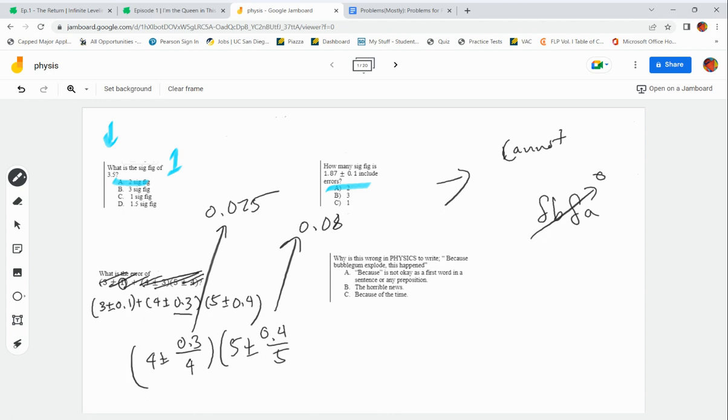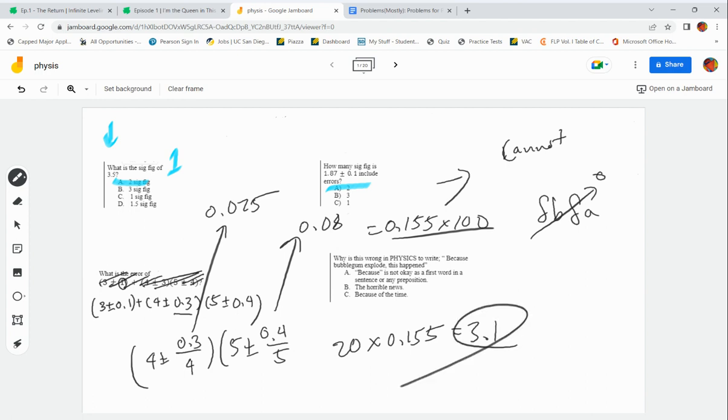Now we add those together. Which equals 0.155. I multiply by 100 to get the percentage if you want the percentage for some reason. But I don't want the percentage, so I can just say 20 multiplied by 0.155. So 20 multiplied by that number equals 3.1.